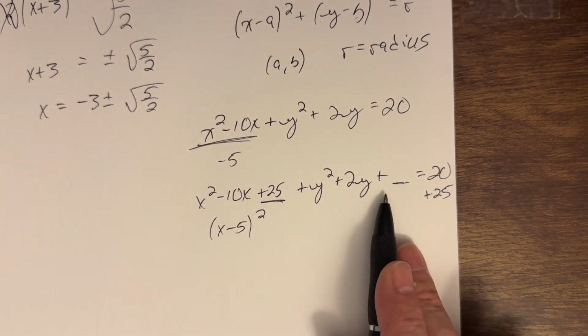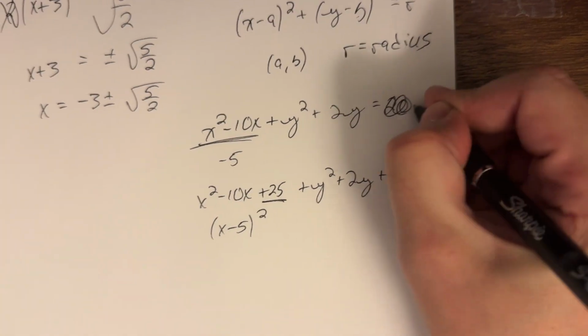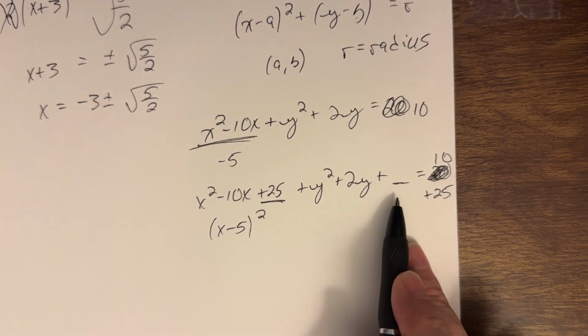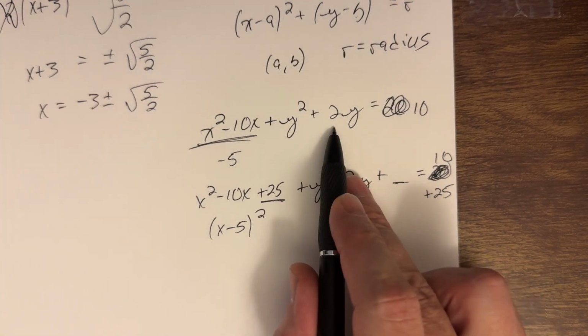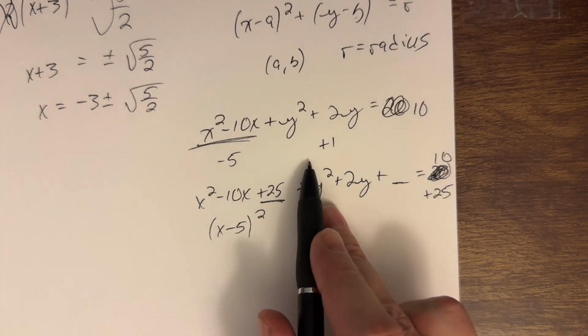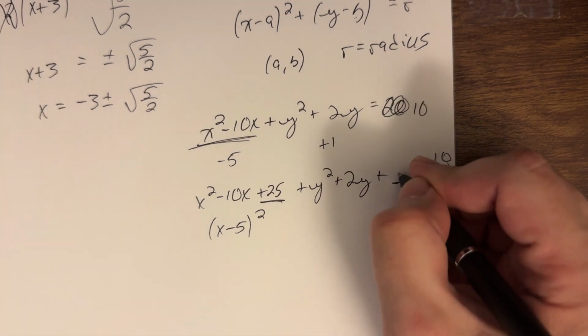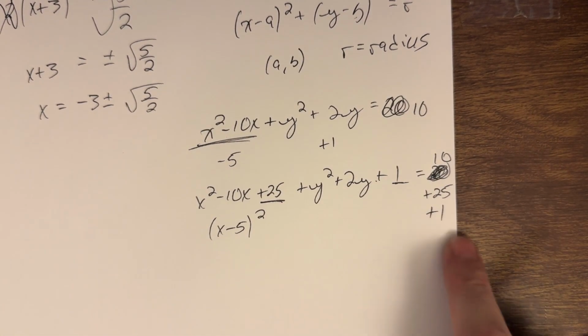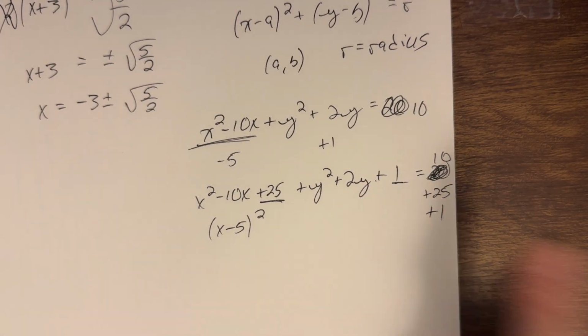Over here, I'm sorry, folks, I wanted this to be a 10, not a 20. A 10, because as I go over here, cut this middle term in half, I get positive 1. Positive 1 squared is positive 1. I added that to the left side, I'll add it to the right to be balanced.